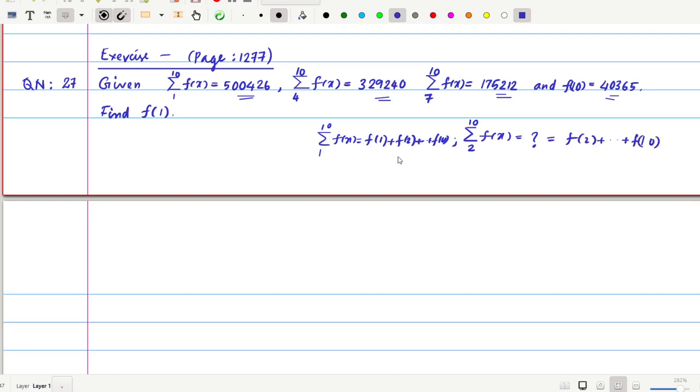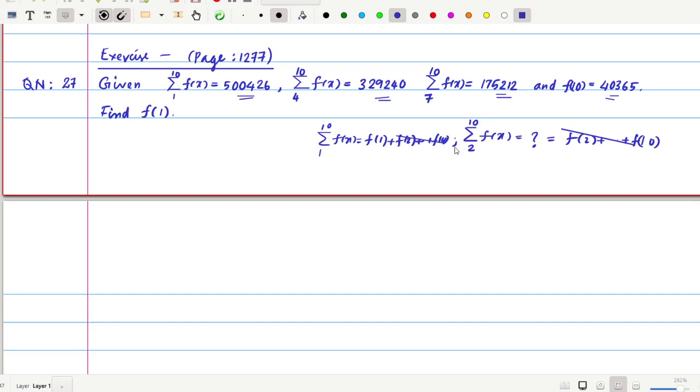Once you take the difference between these two, these values cancel and you get the value of f of 1. So our intention is to find the value of the summation 2 to 10 of f of x.